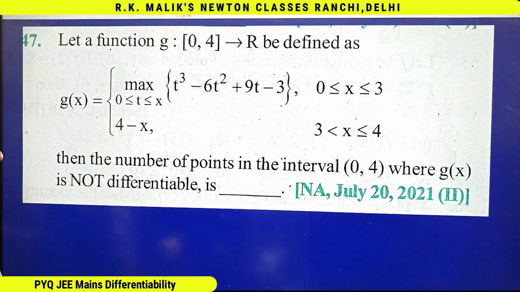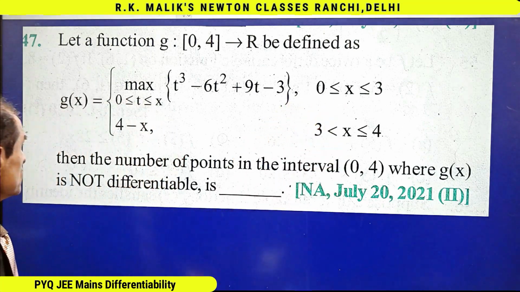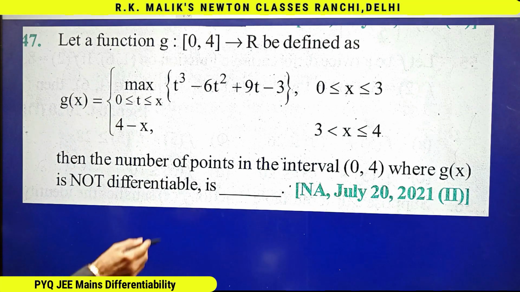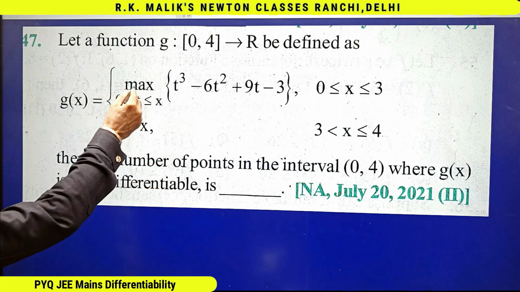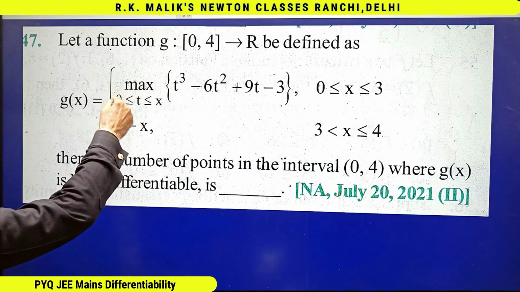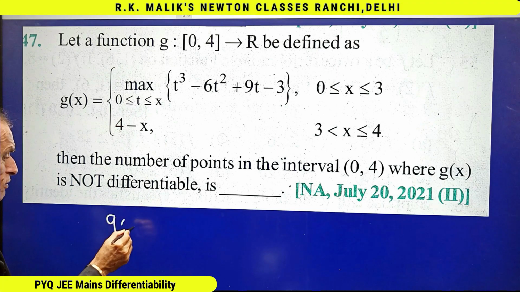The meaning of this statement is, so far as x lies between 0 and 3, the value of g(x) will be found with the help of this expression. And how to find the value with the help of this expression, I'll make you understand with the help of an example. Suppose you have to find the value of g(2).